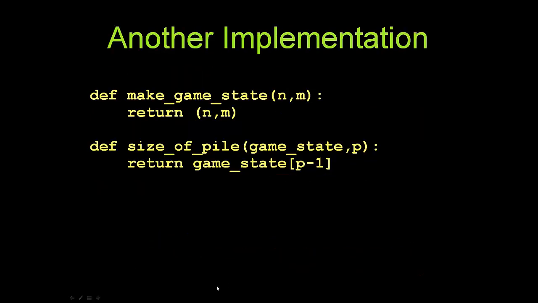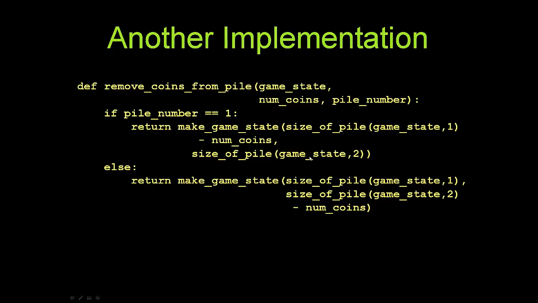So let's look at another way. It's a more natural way. Basically, we can make game state n m and return n m. So this is a tuple. The size of game state pile p is just p minus 1, because this is 0 and this is 1. Now, to remove the coins, we check the pile number.